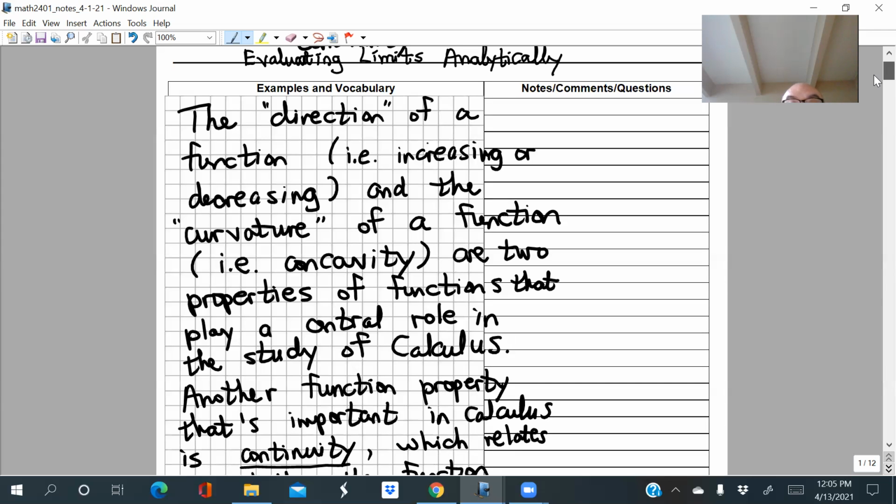In many instances, evaluating limits will actually be straightforward. You can evaluate the limit just by substituting the limit value into the expression that you're trying to take the limit of. That comes about as a consequence of continuous functions. So this is one place where continuous functions are going to be really helpful to us. Remember, in calculus we have three big features of functions that are really important to us: the direction of the function, whether it is increasing or decreasing.